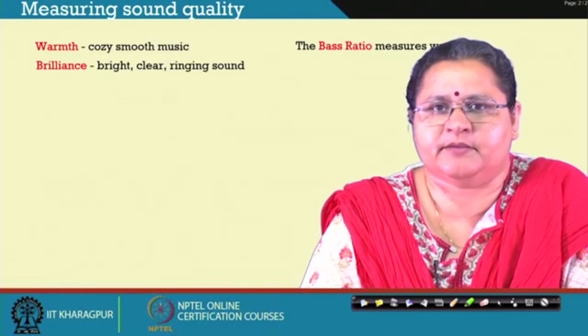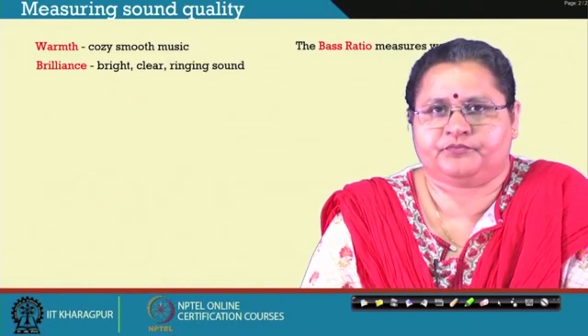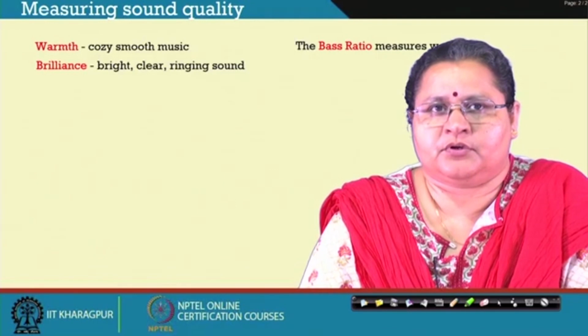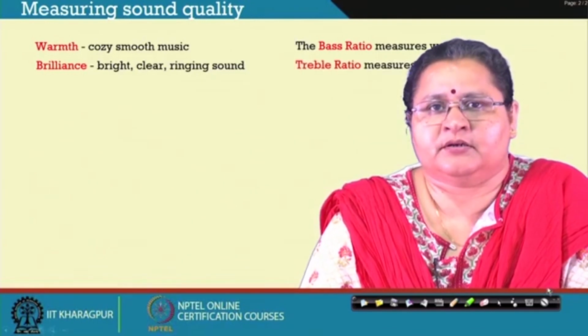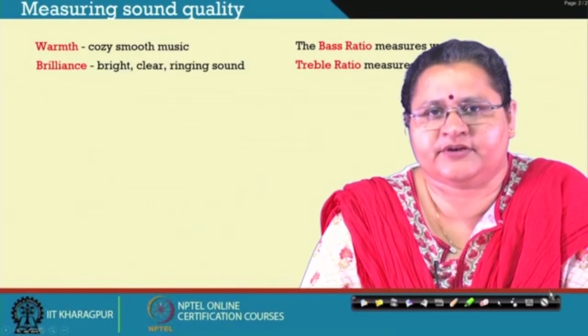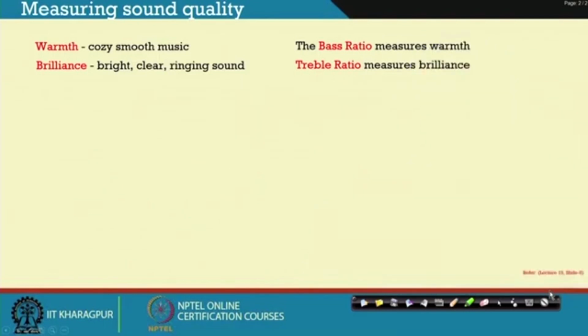Warmth is measured by the bass ratio. Brilliance happens when we have a high treble ratio. So, we have the feeling of warmth when the bass ratio is higher.